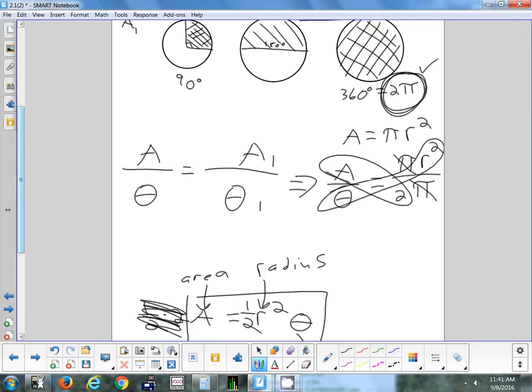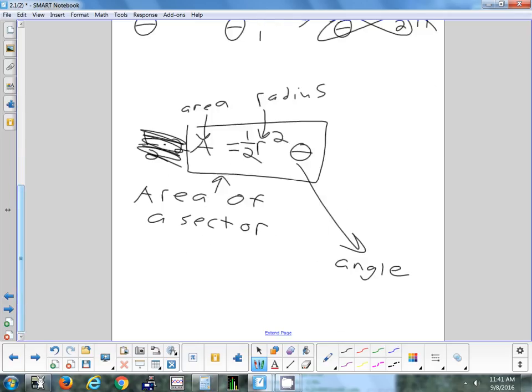What is 2 pi? We assumed that that was our angle. 2 pi what? Radians. So way back at the beginning, I didn't use 360 in the formula. I used 2 pi. So same deal as last time, you've got to have radians. So A equals 1/2 r squared theta.